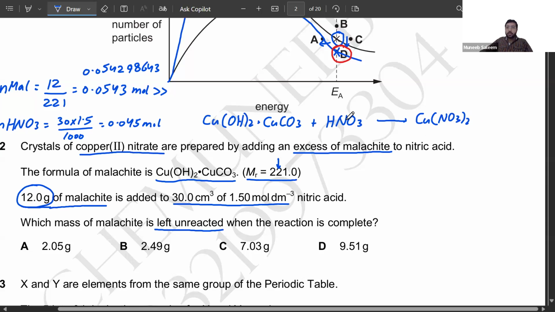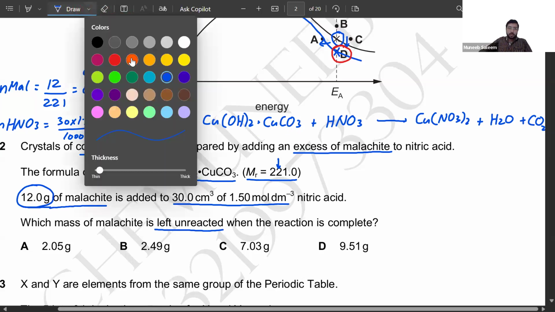Along with that, we do have the formation of the water because salt is reacting with the acid, so it should also form water. And along with water, the carbonate reaction with nitric acid gives the carbon dioxide. Okay, so this is the correct formula for the reactants and the products.